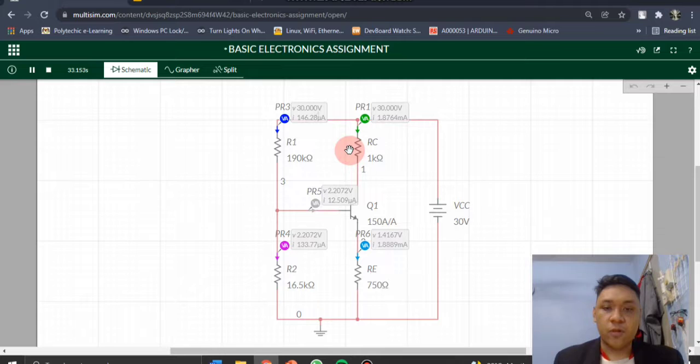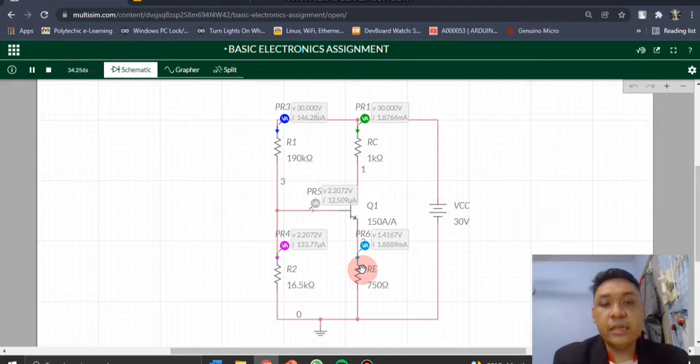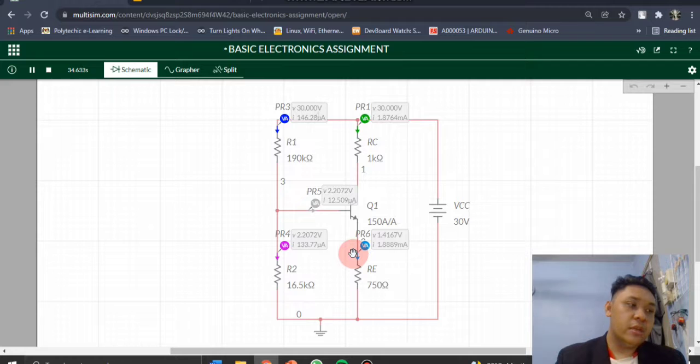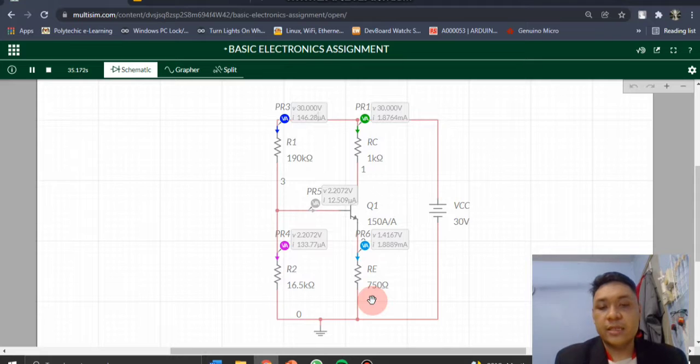So here for the IE I got 2 milliampere from the calculation, but from this simulation I got 1.8889 milliampere. So after we find IE, we can start to find the value for RE, which here on the simulation is 750 ohm.